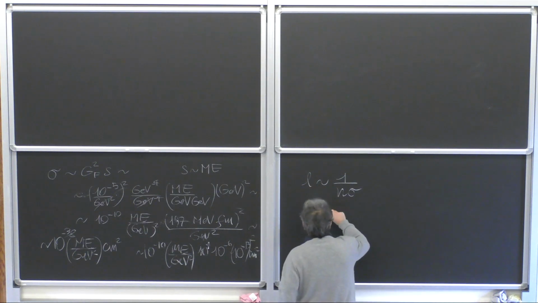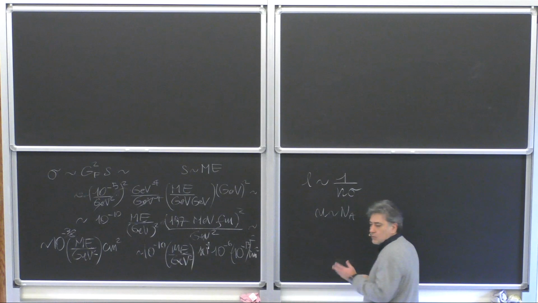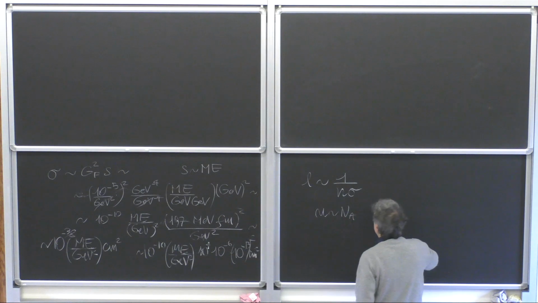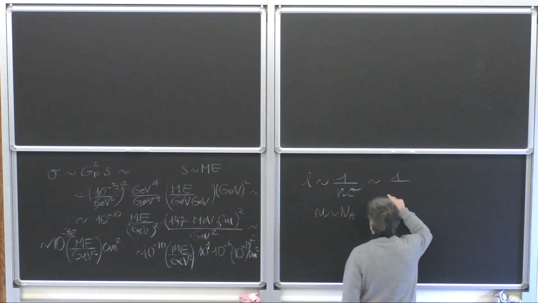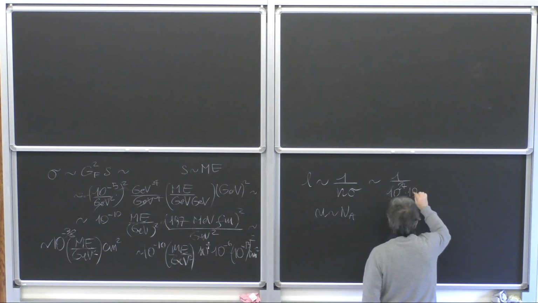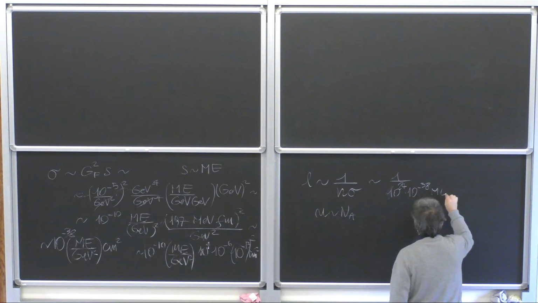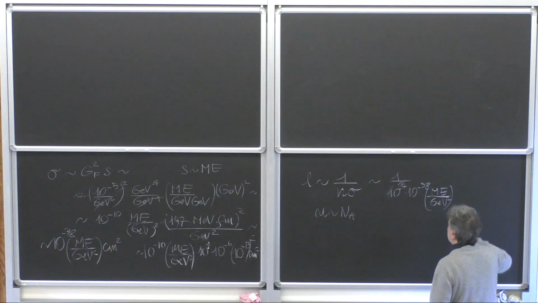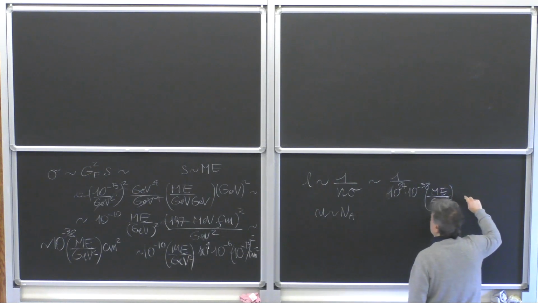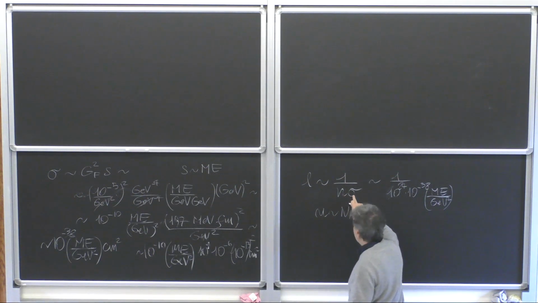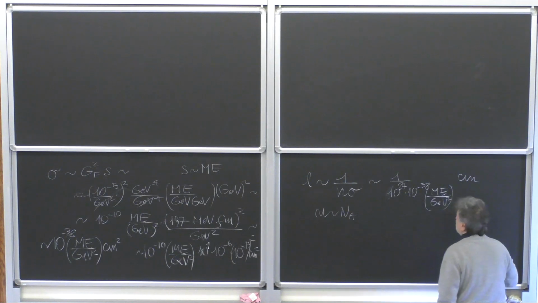And for ordinary matter, you have that this is around roughly the Avogadro's number, and so this is like, let's say, 10 to the 24, 10 to the minus 38, and this is centimeter to the minus 3, centimeter squared, so this is in centimeter.